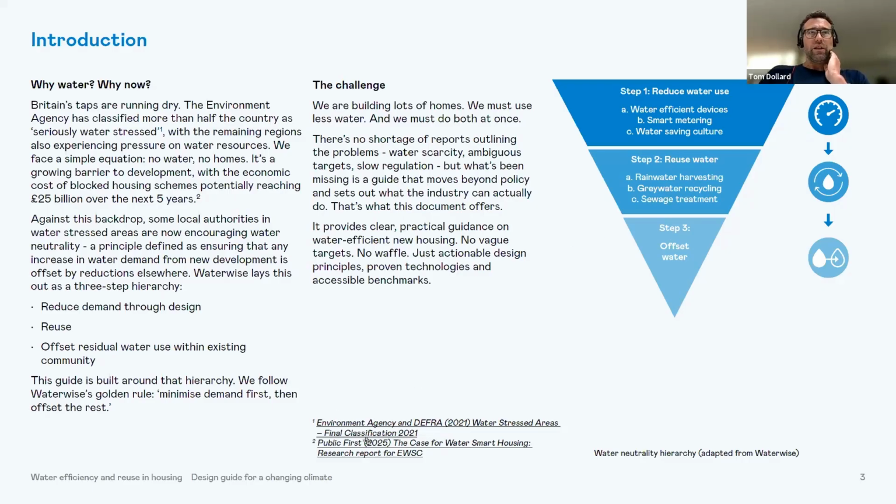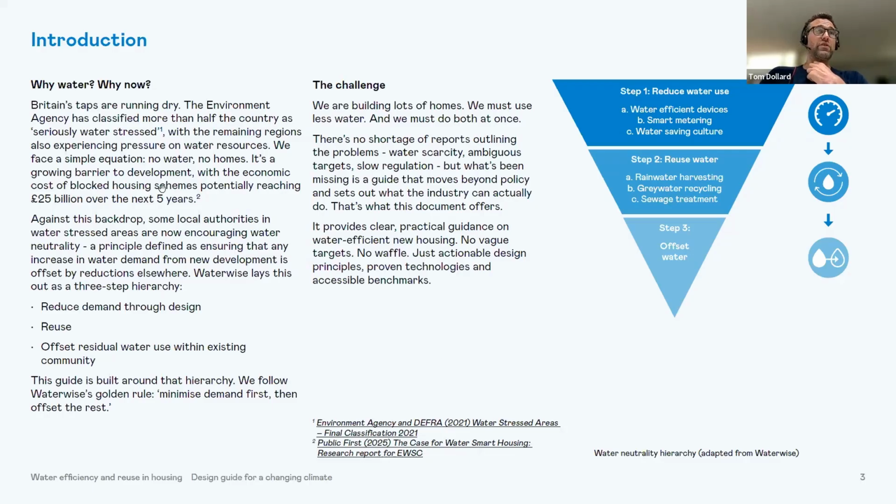As you go along, you can see the guide has lots of links to the primary research that sits behind it. Do click on it if you want to see, for example, EWSC's guide on the case for water smart housing. There's quite a lot of other material around costs, all the nitty-gritty issues that we've had to deal with.